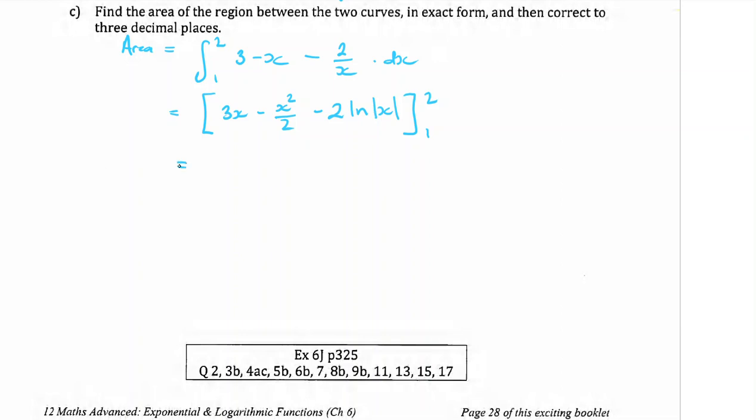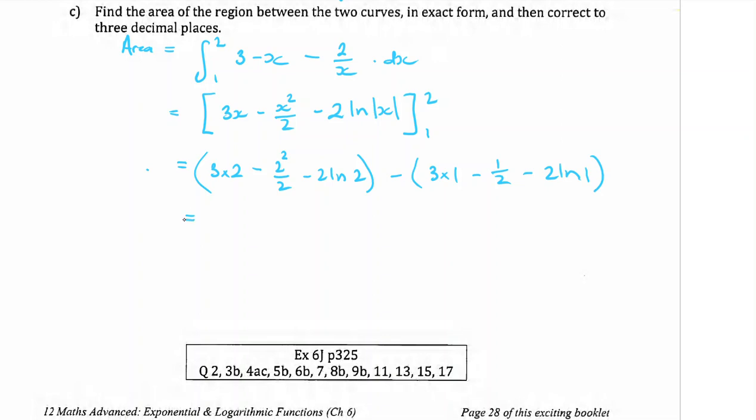Subbing in. 3 times 2 minus 2 squared over 2 minus 2 ln of 2. All right, then subtract, sub in the 1. 3 times 1 minus 1 squared over 1 minus 2 ln of 1.